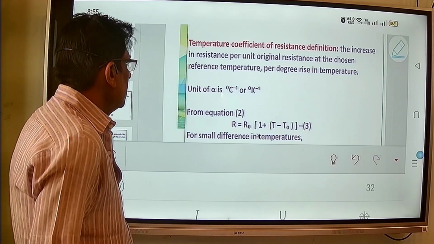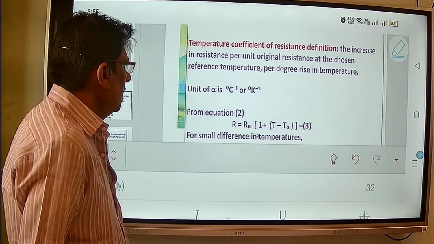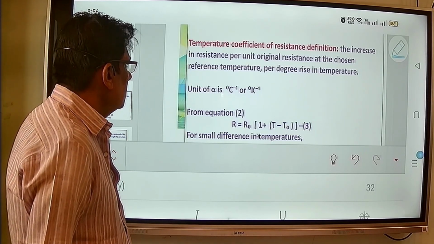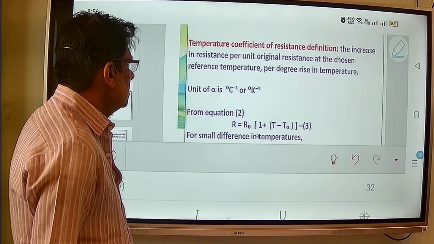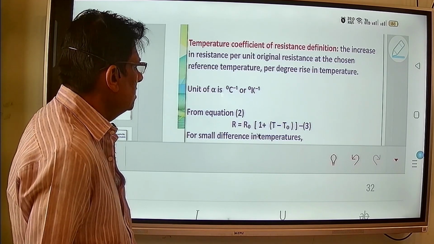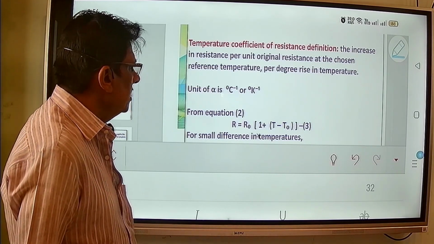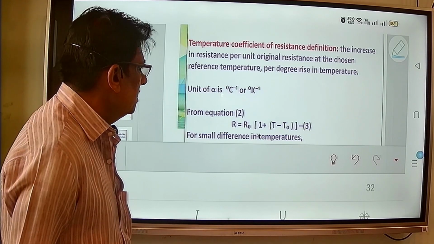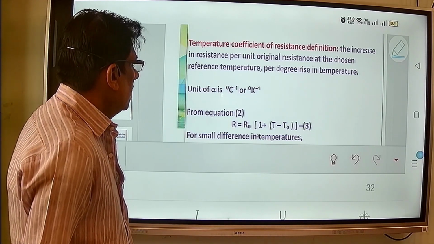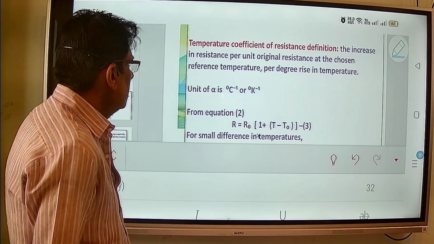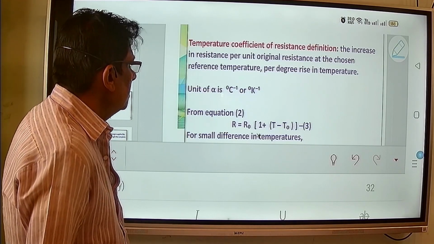Here, when we say R minus R0, it means the increase in resistance per unit original resistance at the chosen temperature per degree rise in temperature. That is the temperature coefficient of resistance.